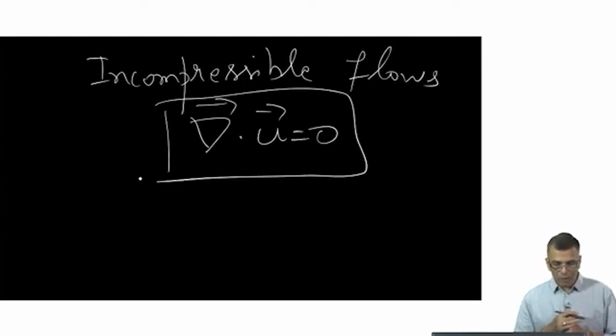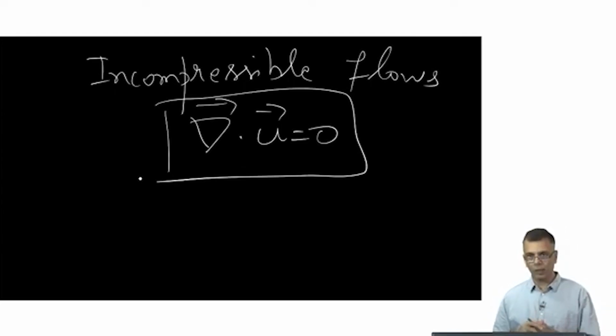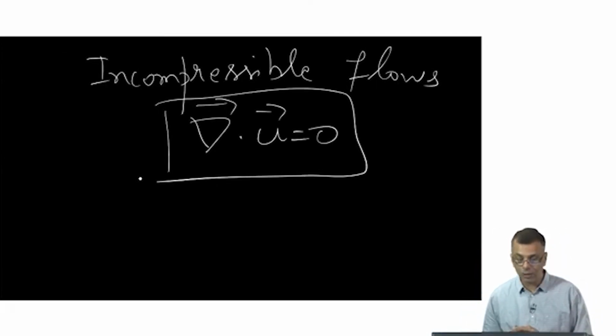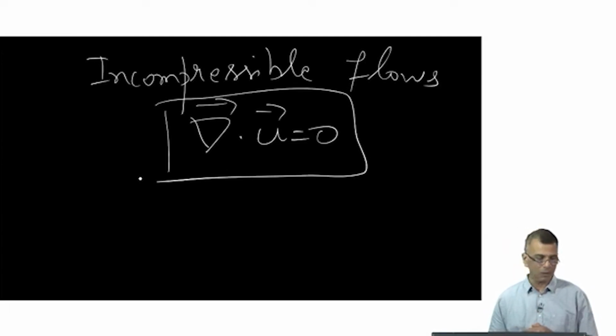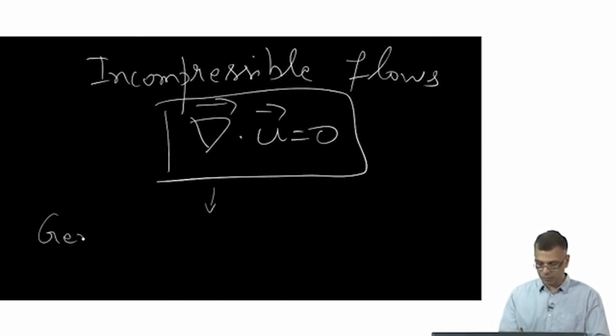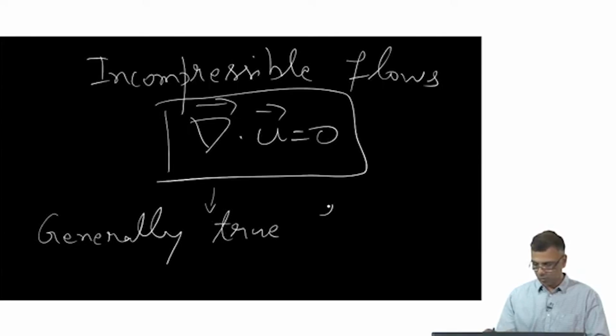So now you see, this is an advantage of looking at it this way. It is intuitively easy to understand the condition for incompressibility when one looks at the Lagrangian way of writing down the mass conservation equation. So then why bother with the Eulerian way? Well, there's an advantage, and we also remarked that this is generally true for very subsonic flows.